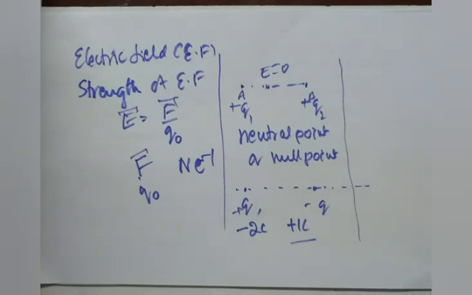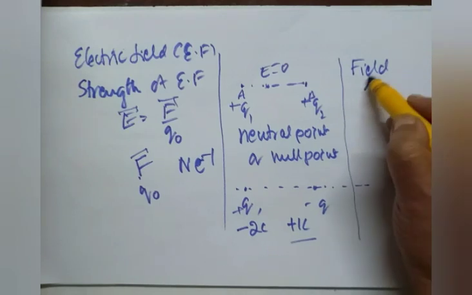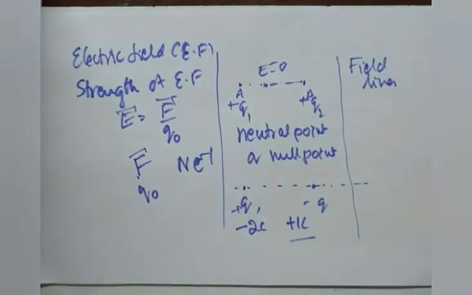The next concept is field lines. Electric field lines are sometimes also called lines of force. What do we mean by field lines? These are the paths along which a unit positive charge moves or tends to move in an electric field.